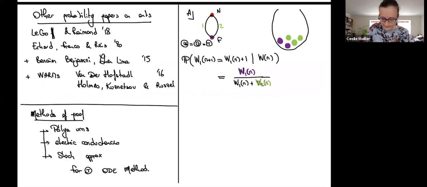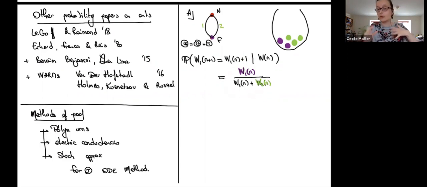This formula tells me that I pick a ball uniformly at random in my urn, and with this probability it's going to be a purple ball. In that case, I just add one other purple ball to the urn. So it's the standard Pólya urn where you pick a ball at random and you put it back in the urn together with another ball of the same color.